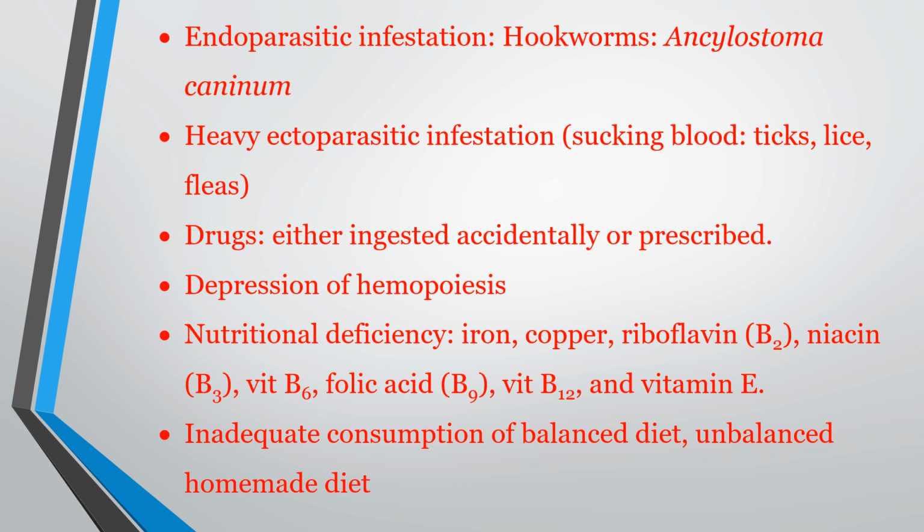If the hookworms are less in number, it causes mild, moderate or chronic anemia, especially in adults. But if a large number of hookworms attack the intestine, it causes a severe blood loss.